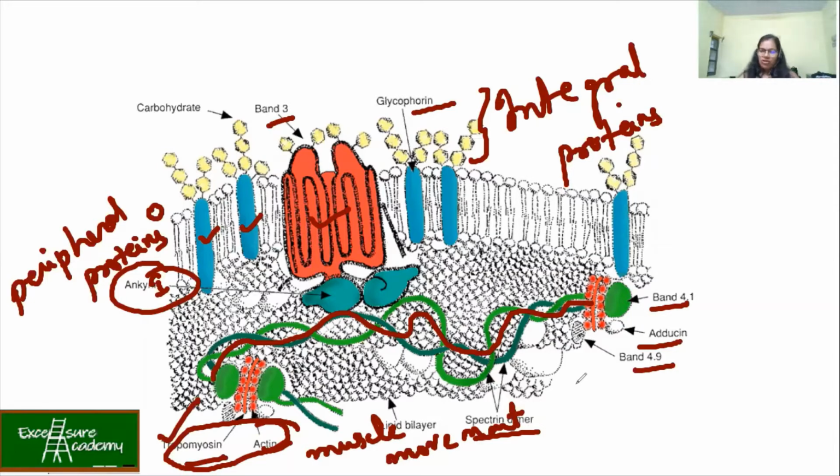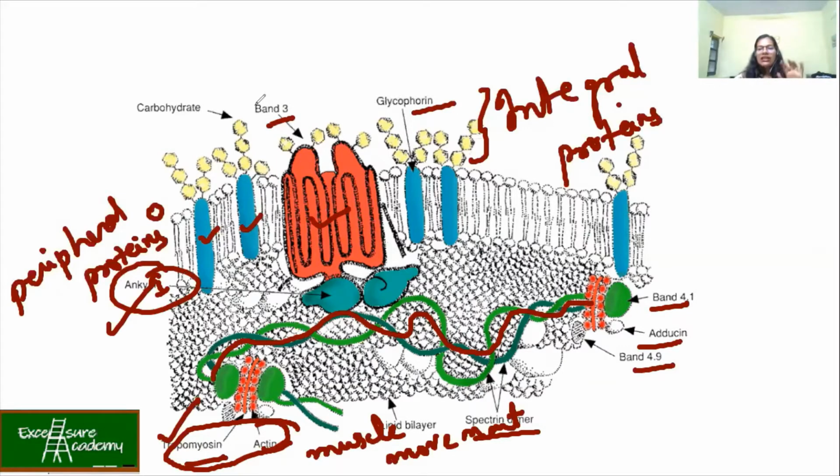Then what is their function? Glycophorin, as we know, is an integral protein and helps the malarial parasite to enter our system, into the RBC. Then ankyrin is there, which is supporting band 3. And what is the function of band 3? It helps in the exchange of O2 and CO2 in the RBC.